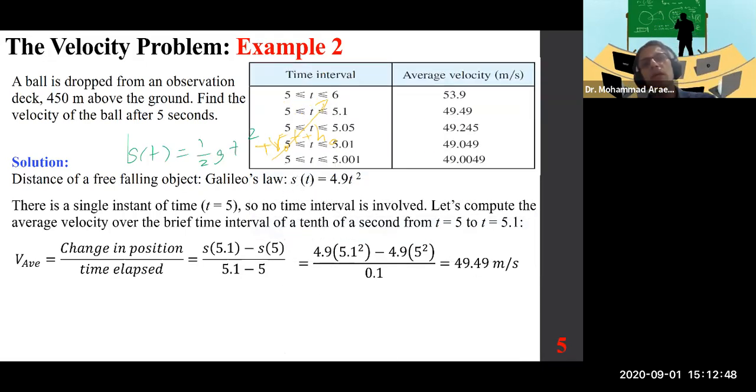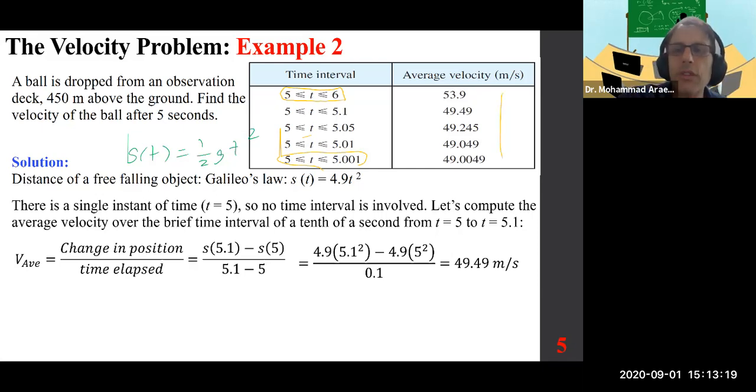So take a look at this table, class. Notice what we are doing. First, look at the very first one. The distance is huge, okay? 5 to 6. Now we make the distance to number 5 closer and closer. We make it 5 to 5.1, 5 to 5.05, and we go down. And look at this one. This is even the closest. And as you look at the numbers in front, I hope you see the trend.